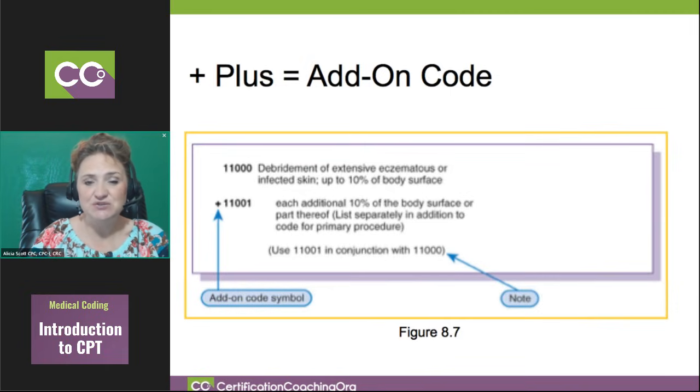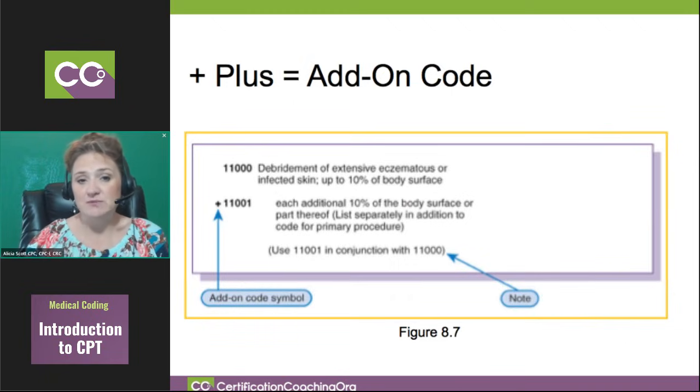There's some specifics you need to be aware of with add-on codes. Now, one thing is, you notice here it says use 11001 in conjunction with 11000. That means you cannot use it anyplace else. So let's say you've got another code, 11002. It's not an add-on code. It doesn't have a plus symbol in front of it, but you cannot use 11002 and 11001.